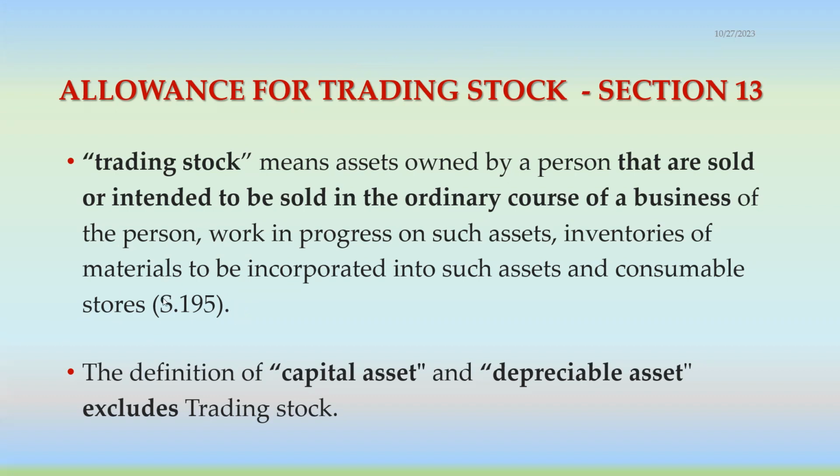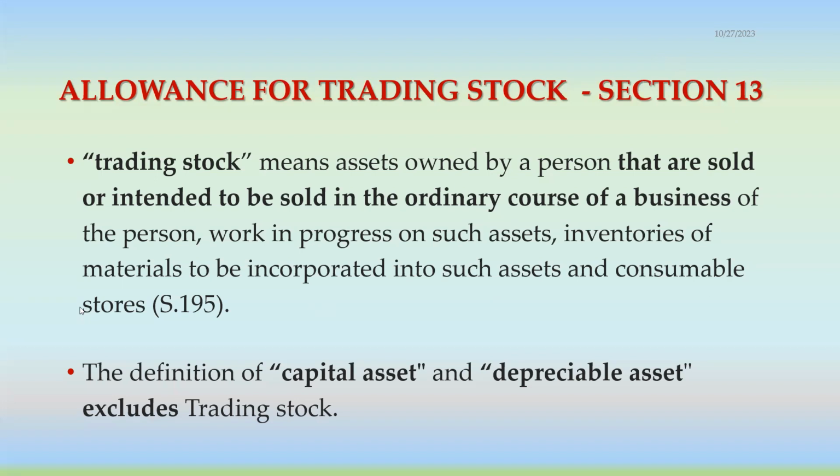Now you may think trading stock is just trading stock, but we have a specific definition in section 195. It says trading stock means assets owned by a person that are sold or intended to be sold in the ordinary course of a business of the person, or work in progress on such assets, inventories of materials to be incorporated into such assets and consumable stores.